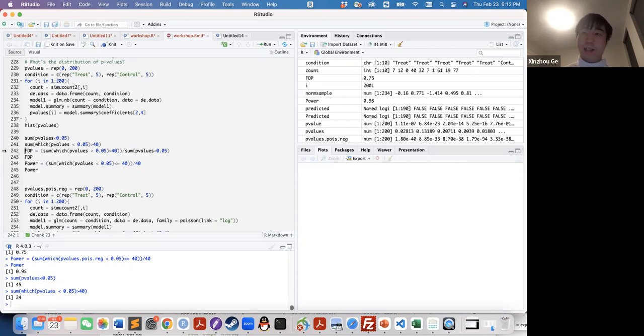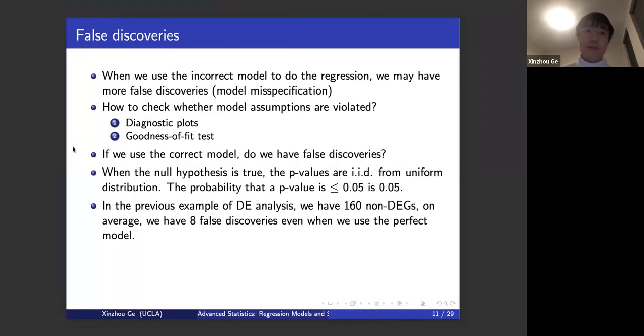We should keep it in mind, because many popular tools, including DESeq2 and edgeR, use negative binomial regression, and we find that these methods will lead to a large number of false discoveries. Okay, let's look at some interpretations of the results, and let's think about how to solve these problems.